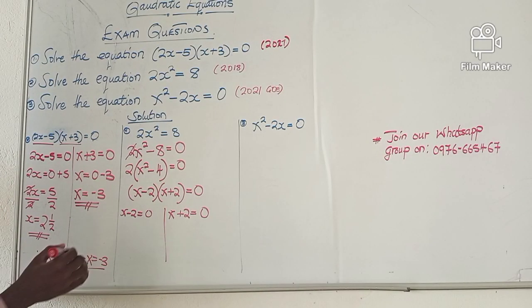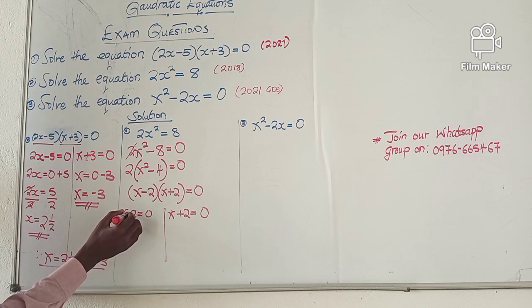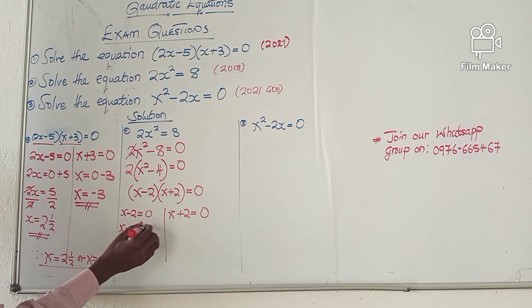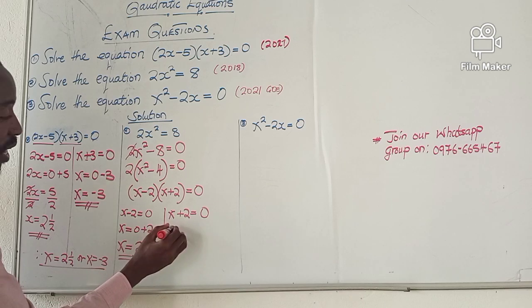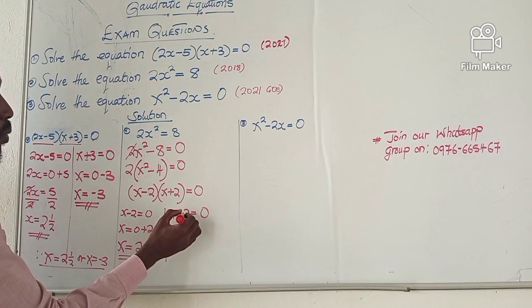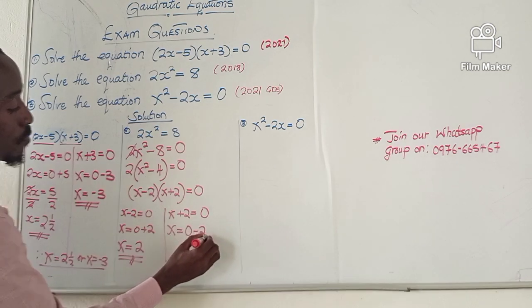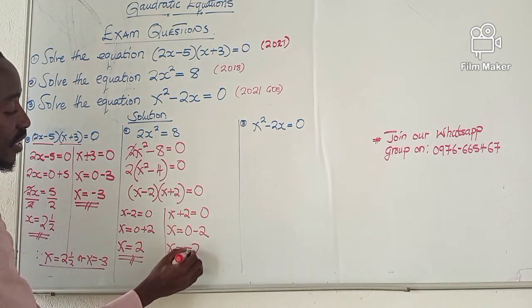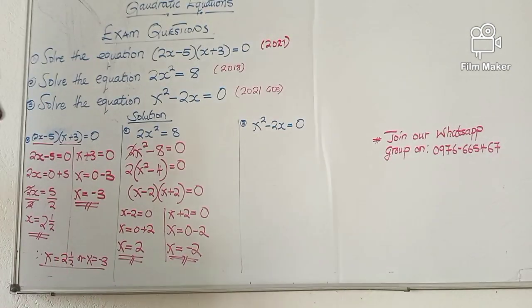I hope you're following. So your x will be equals to, when this negative 2 crosses the equal sign, it becomes a positive 2. When you come here, x will be equals to, when this positive 2 crosses the equal sign, it becomes a negative 2. Therefore your answer x will be 2 or negative 2. I hope that you followed that one.